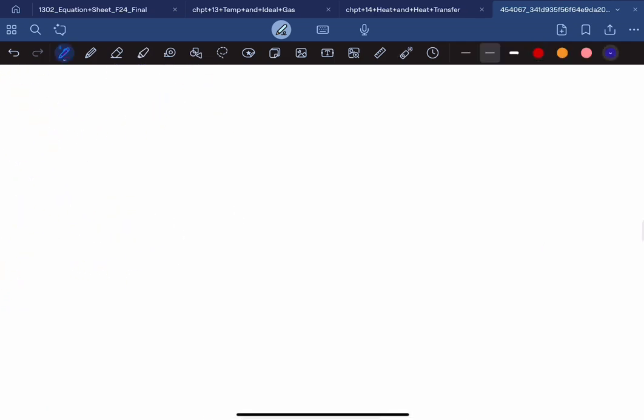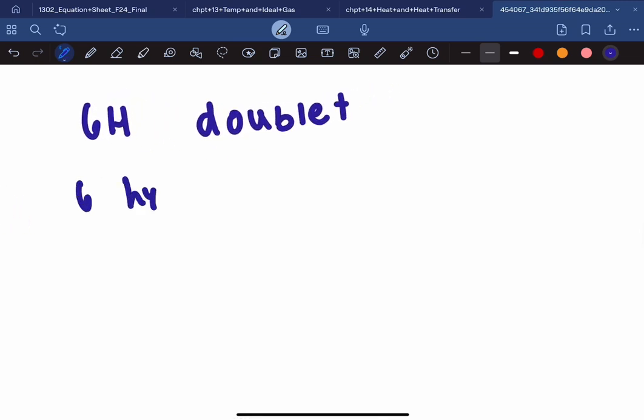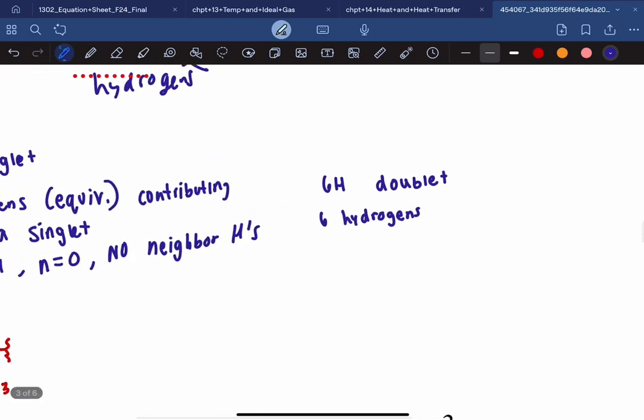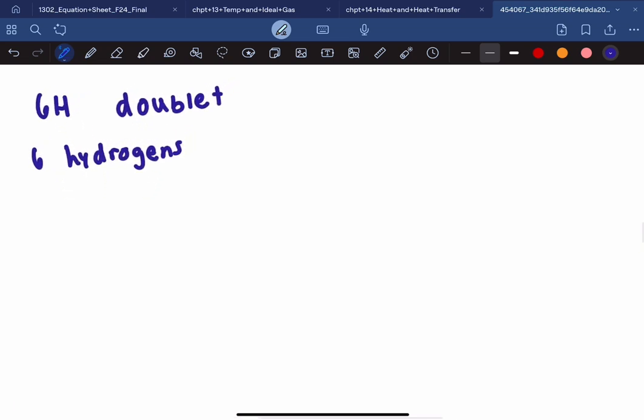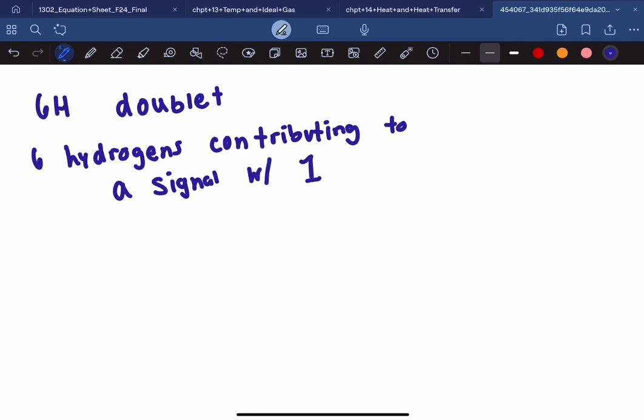The next NMR was a 6H doublet, right? So we got a 6H doublet. What does that mean? That means that we have 6 hydrogens contributing to a signal with 1 neighbor.